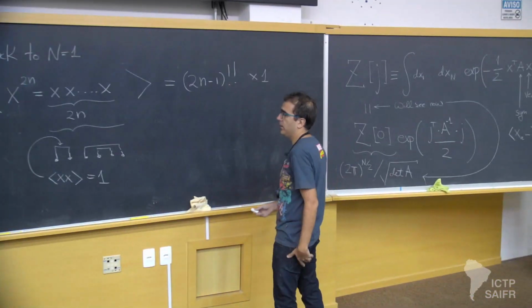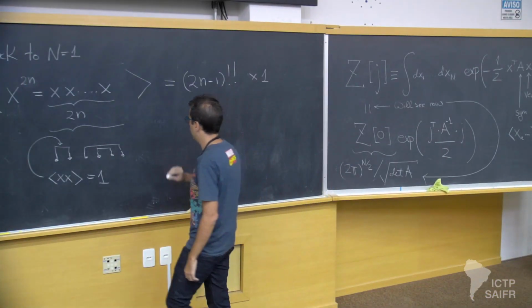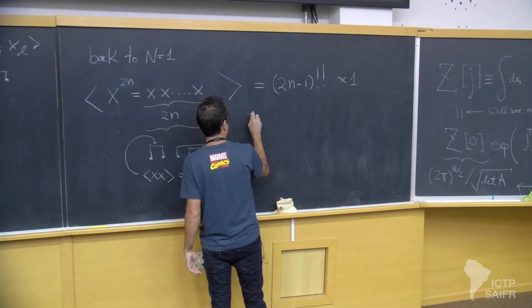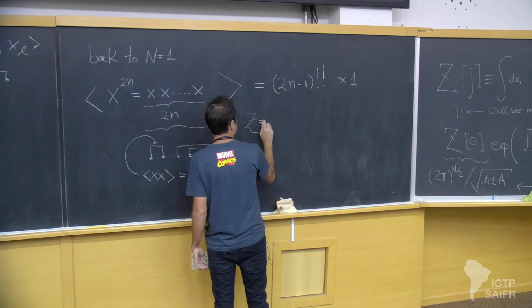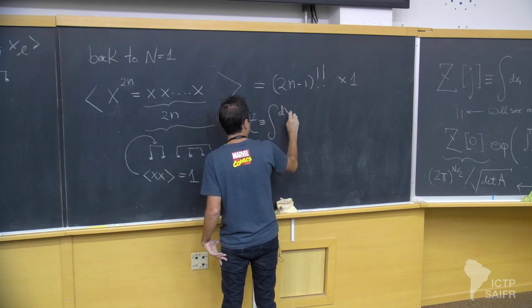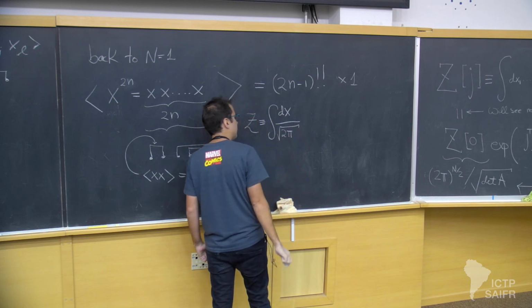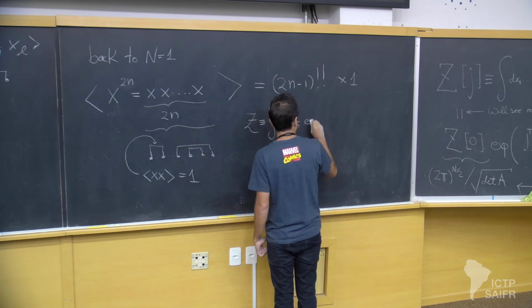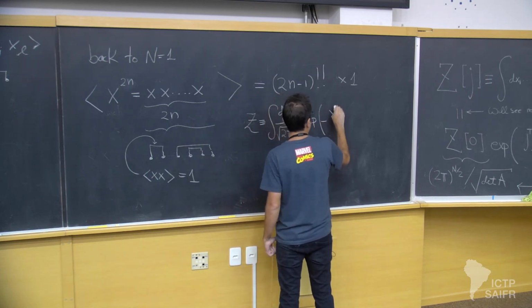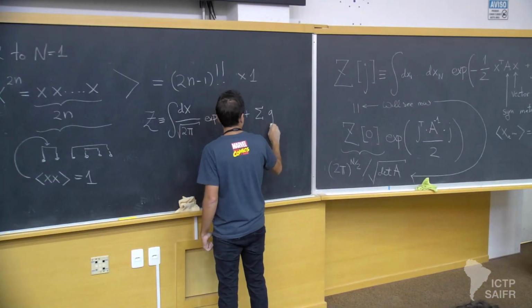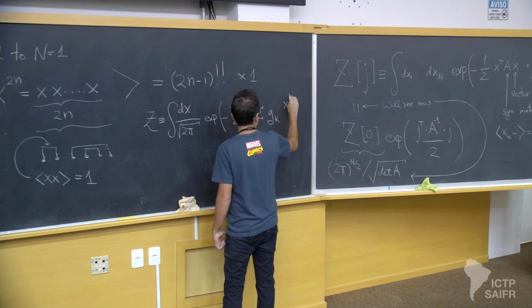Let's see another application in n equals 1 that I wanted to mention. Suppose I have Z defined by the integral dx over square root of 2 pi, to normalize it to 1, of exponential of minus x squared over 2 plus the sum of g_k x^k over k factorial.